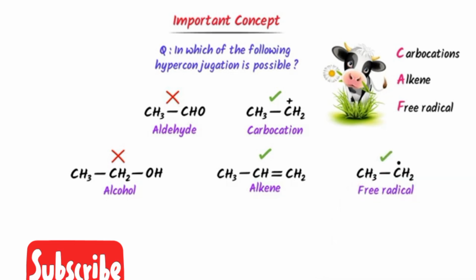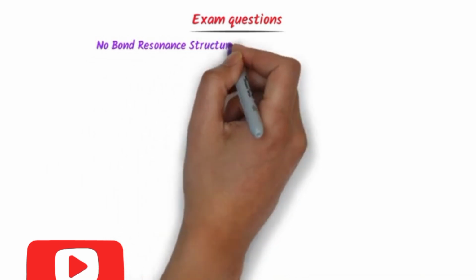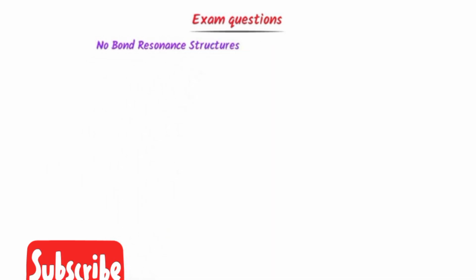Finally, let me teach a super trick for exam questions. Well, remember that the number of no bond resonance structures is equal to the number of alpha hydrogens. For example, consider these organic compounds.